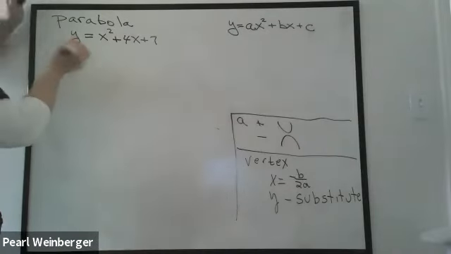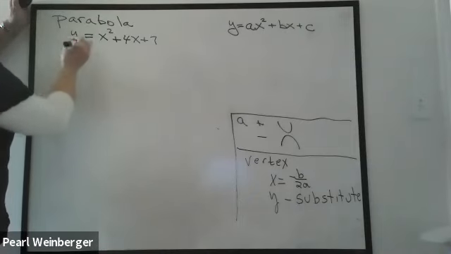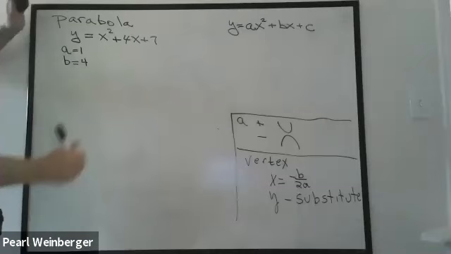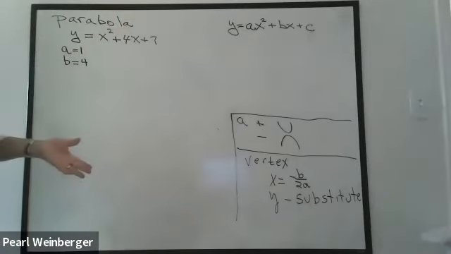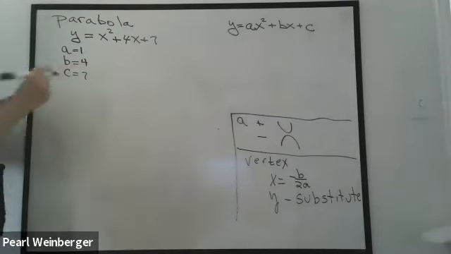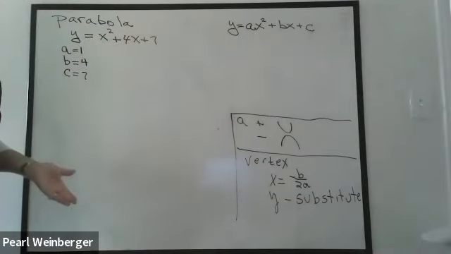And let's write out what our A, our B, and our C is. For this one, the A happens to be the number in front of the x squared, which is 1. Then B is 4, that's the number in front of the x. Notice if there's no x term, then the B is 0. The C in this case is 7. If there's no number at all, that number is 0.